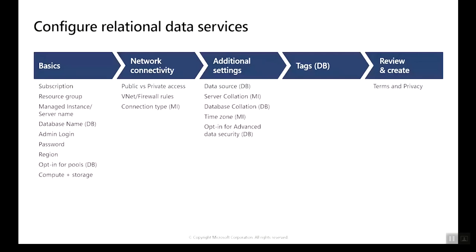In the compute and storage parts, you need to specify the compute, storage, and backup configurations for your new server. Typically, this is bundled up into what's called DTUs, or database transaction units. For the pricing tier, there are typically 3 pricing tiers you can choose from.